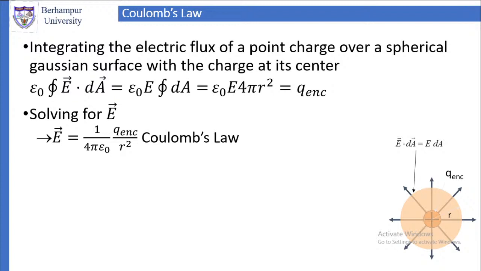Coulomb's law is useful everywhere. Gauss law is useful under special circumstances. There should be symmetry. Under symmetry, Gauss law is more useful. It is easier to apply and get results from Gauss law.